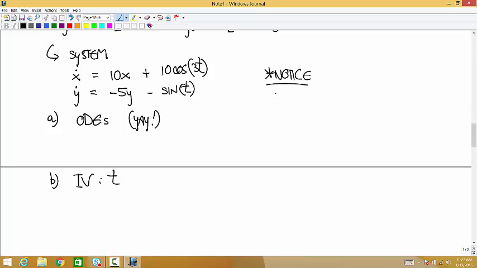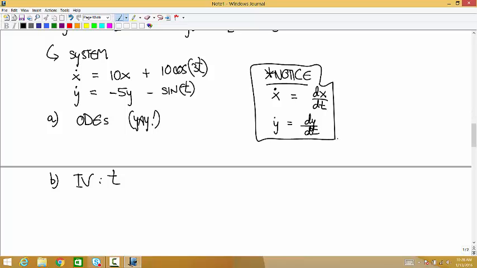Okay, so x dot means dx/dt, y dot means dy/dt. Maybe you see the pattern. You can do that with any variable. So that dot means a total derivative with respect to time.